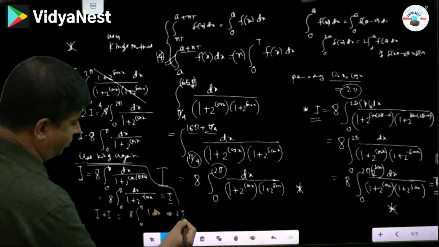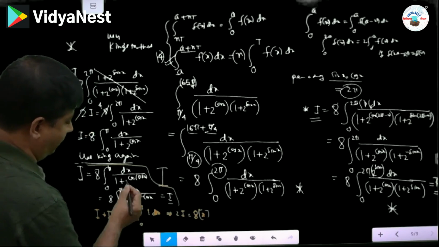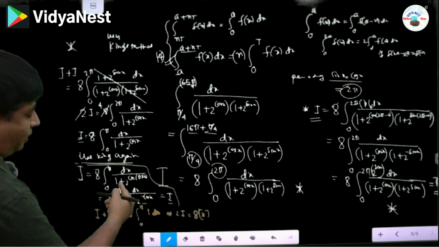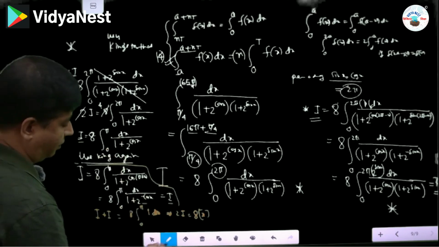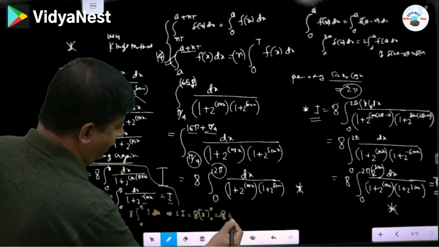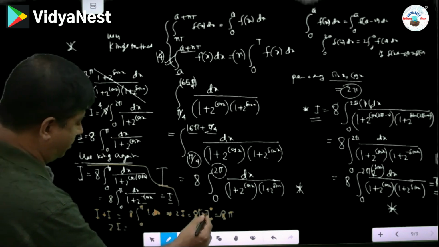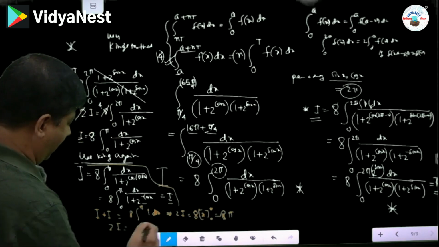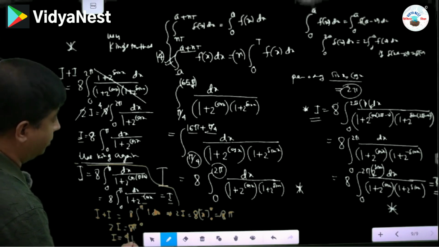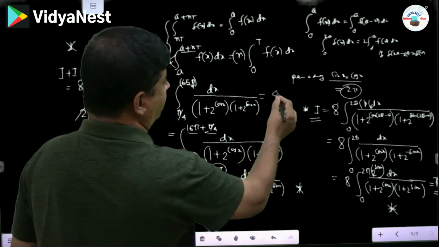That means 2I equals 8x. Means if you are adding this I and that I, 2 to the power cos x will go up and numerator and denominator will cancel. So 2I is equal to 8 pi. So I is equal to 4 pi. So the answer is 4 pi.